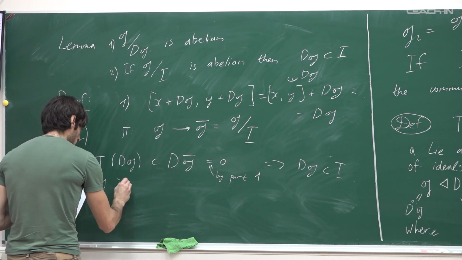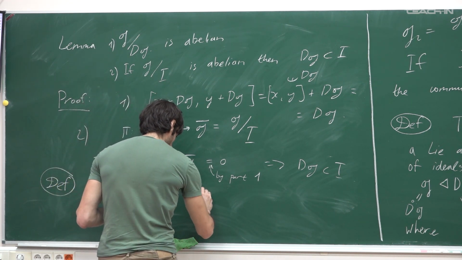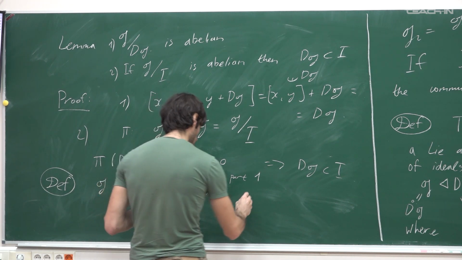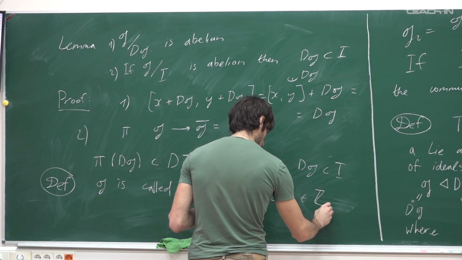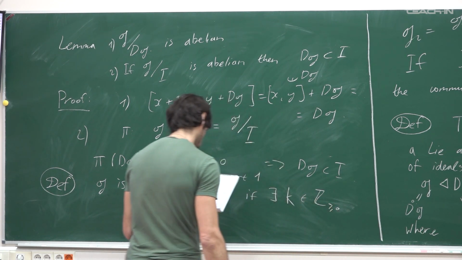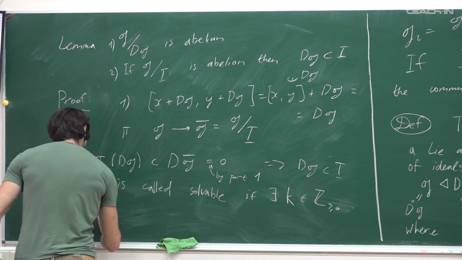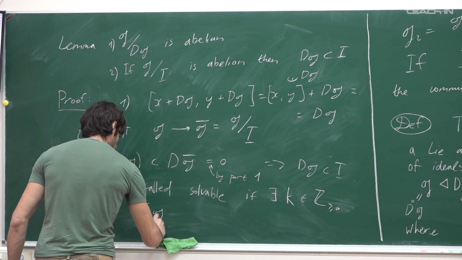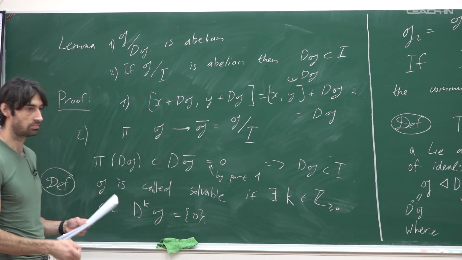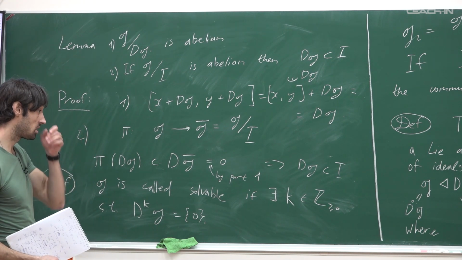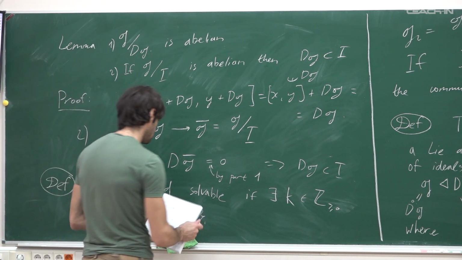So G is called solvable if there exists some natural number k, or maybe even 0, such that d^k g is just the 0 ideal. So in other words, if the derived series stabilizes at 0, then the algebra is called solvable.